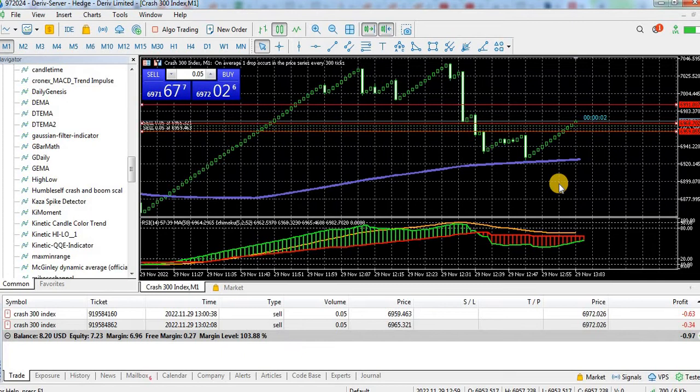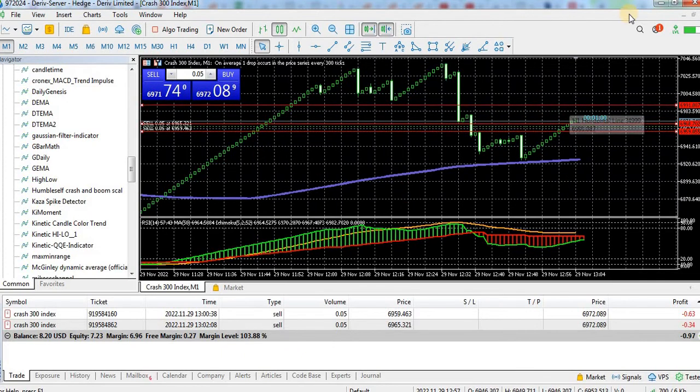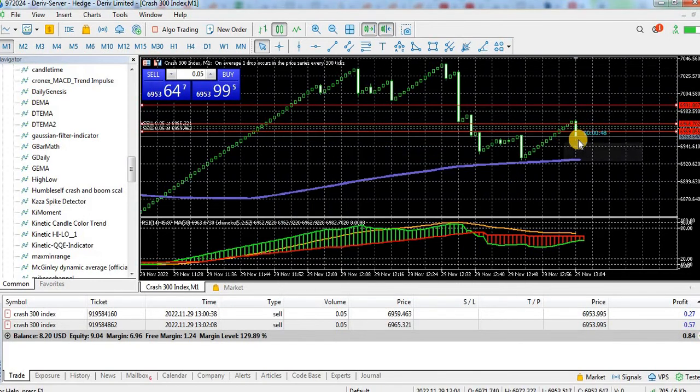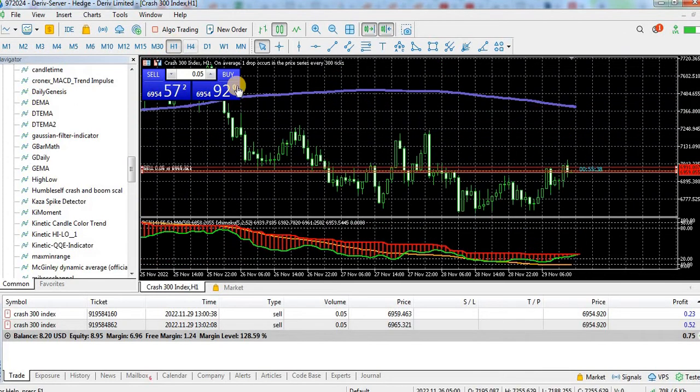Now if we look at this, see that here we're in an uptrend because they are above the BB. Understand? This BB that you are seeing is still the same thing as the BB. Can you see? We have a spike, but that spike is too small. Let's go to H1 and see.